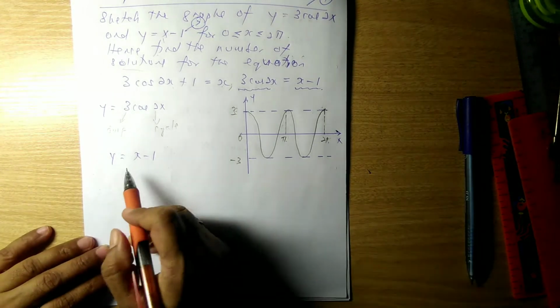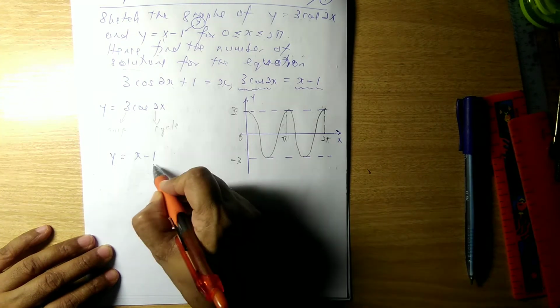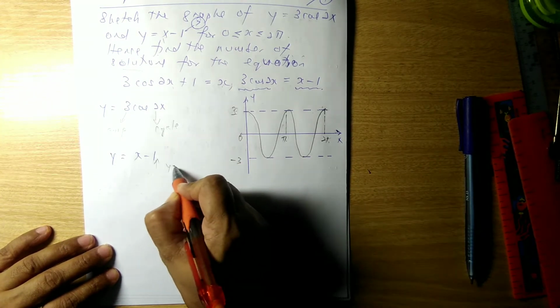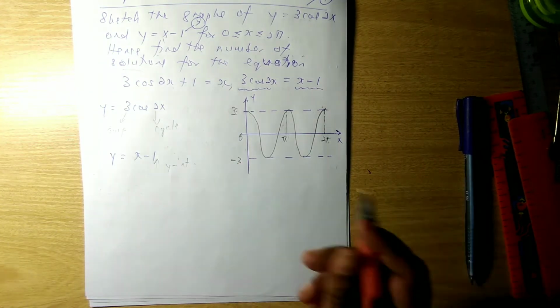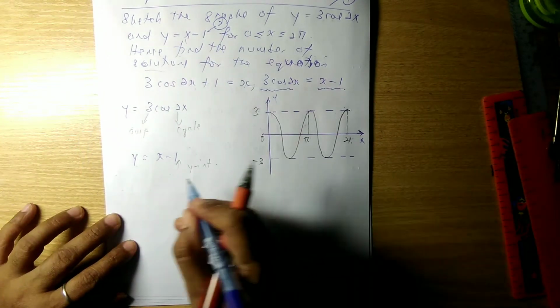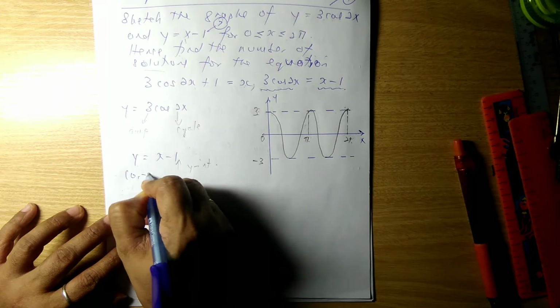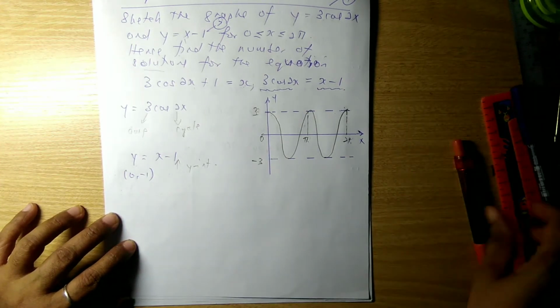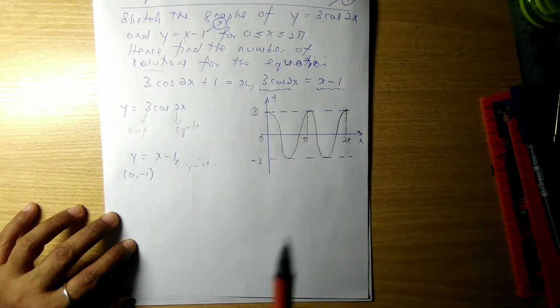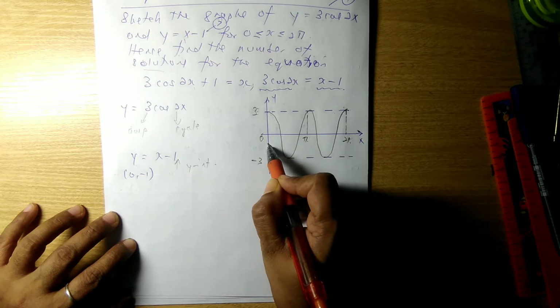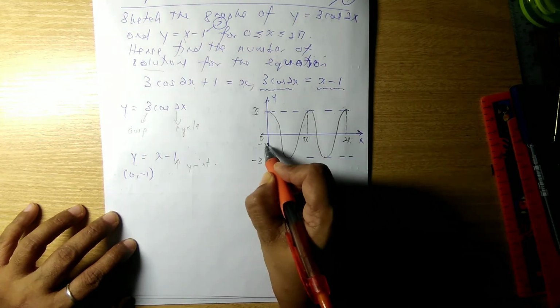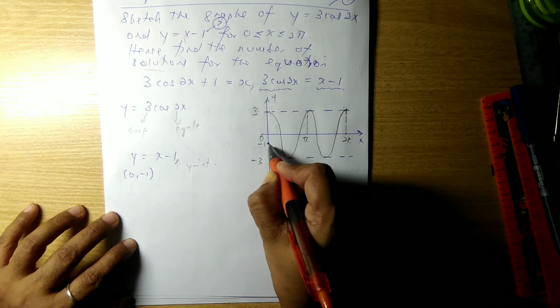Now this looks like a straight line. From here you know this is your y-intercept. So I've got one coordinate for this straight line, 0, -1, which will be around here. That's my first coordinate.